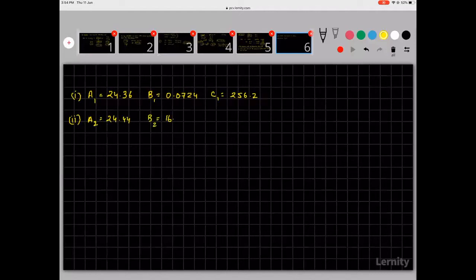B2 equals 16.082. C2 equals 240.2. Okay. Can you find out if A1 plus B1 plus C1 is greater than A2 plus B2 plus C2, or is it less than?